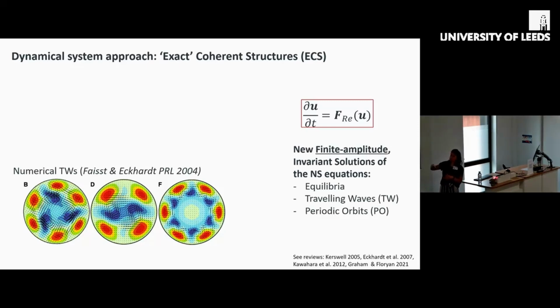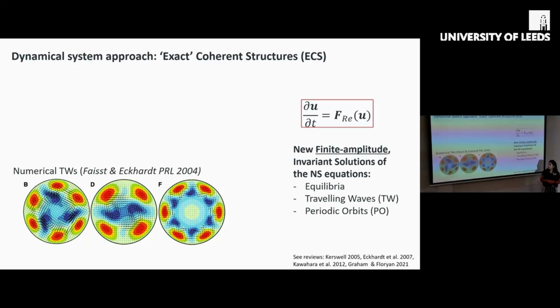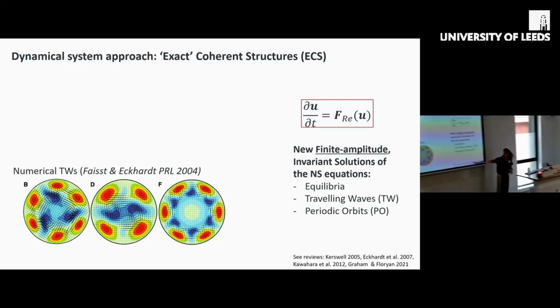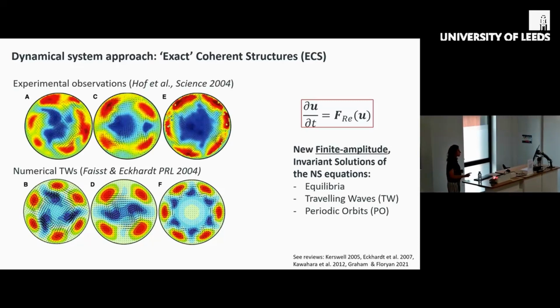These solutions display simple dynamical behavior, like equilibria, which are steady state, or traveling waves, which are steady in a co-moving frame, or periodic orbits, which repeat themselves after a certain period. This figure shows some of these traveling waves that were computed numerically, also with different rotational symmetries. And most importantly, they were observed in experiments.